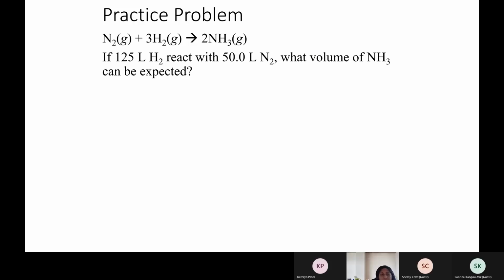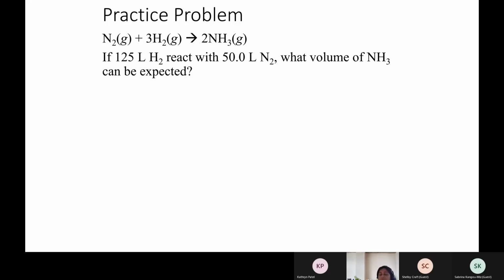N2 gas plus 3H2 gas gives 2NH3 gas. If 125 liters of H2 reacts with 50.0 liters of N2, what volume of NH3 can be expected? Okay. So now you need to balance this equation and keep that in mind.